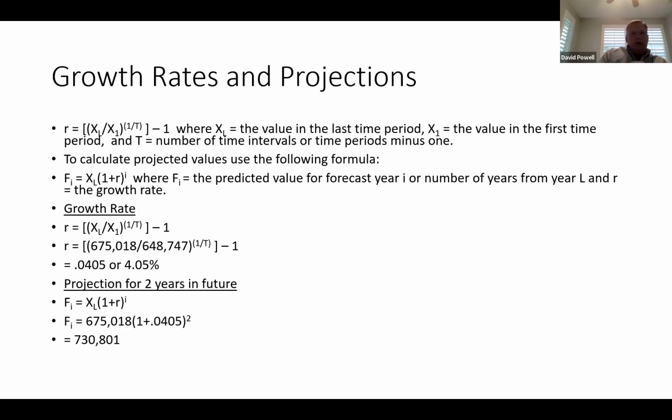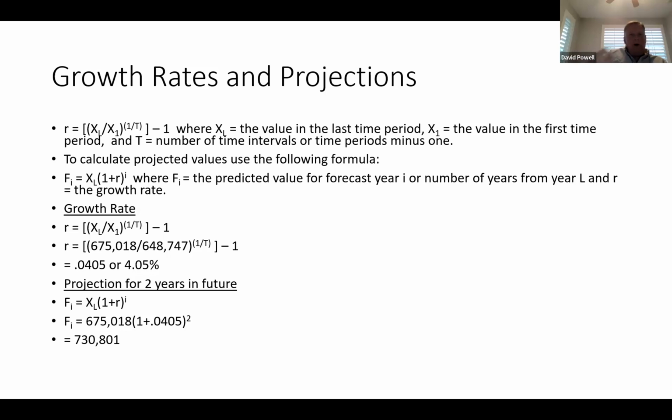So let's go through that growth rate. If you skip down to where it says growth rate, there you've got your formula again. And the way you would work through it is R equals, if you raise $675,018 in the last fiscal year, and then you raise $648,747 in the year before that, then it becomes 675 divided by the 648,747 raised to the 1 divided by 1 power, because the T is 1.